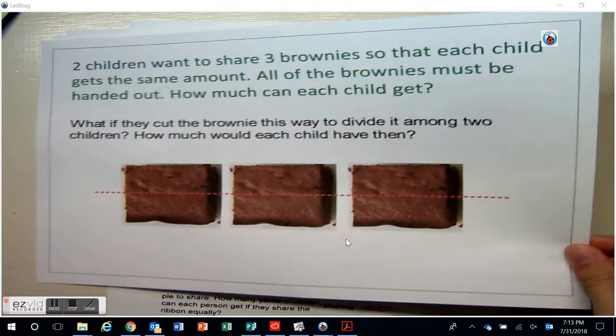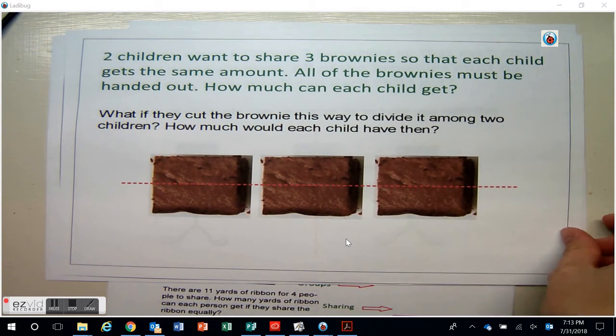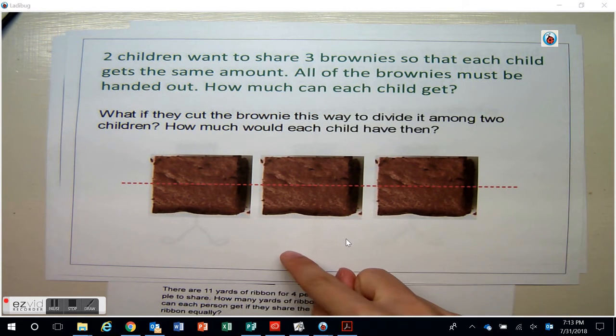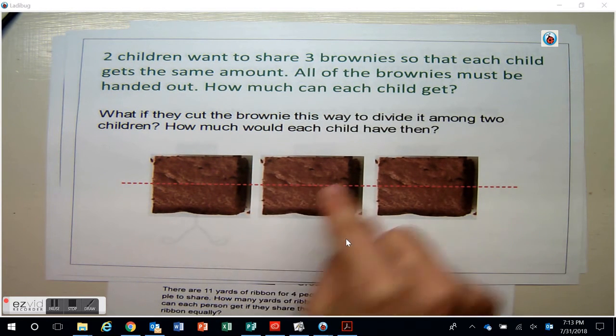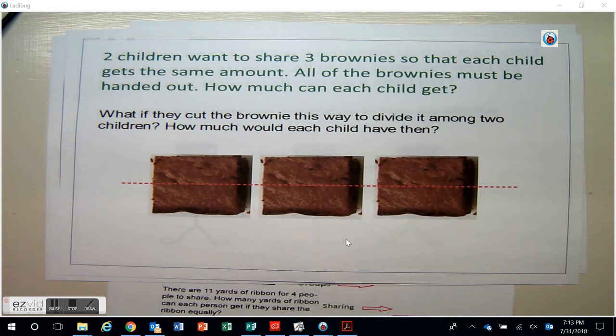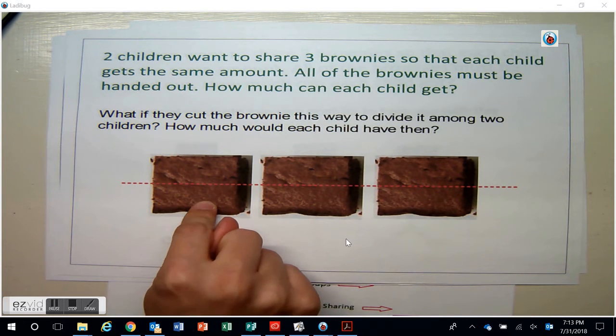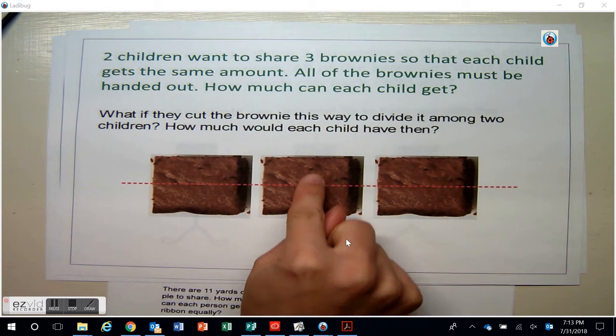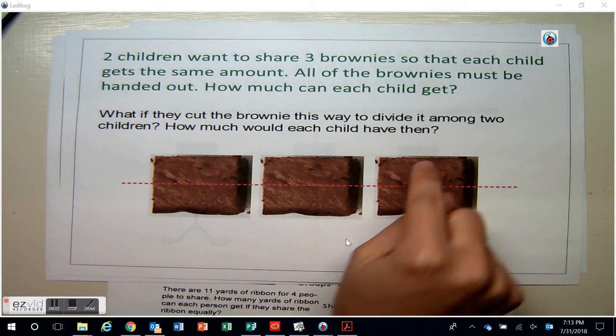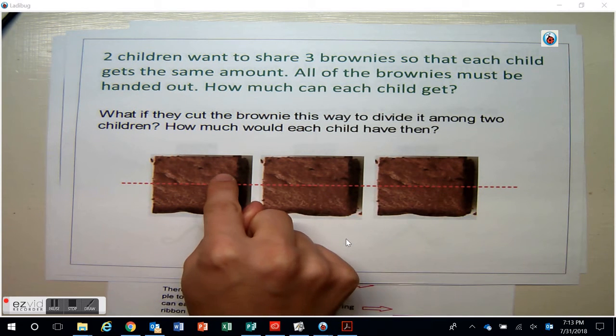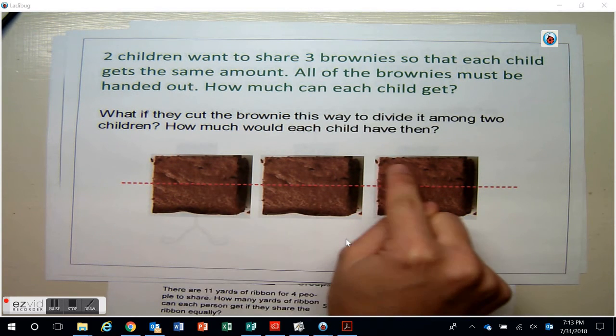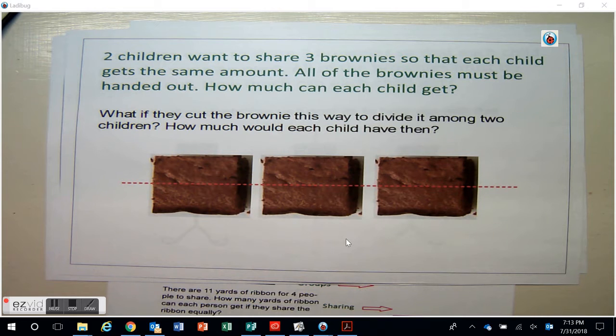Well, each child is going to get a whole brownie, and each child is going to get half of a brownie in order for them to have the same amount. Here's one way we can split that up: 1 kid's amount is here, 1 kid's amount is here.